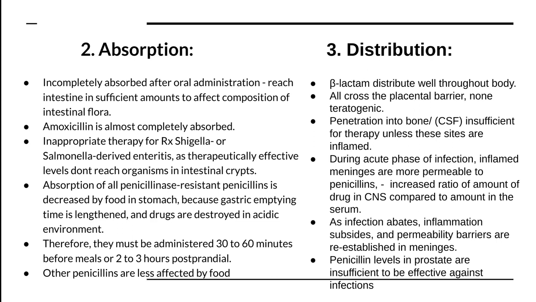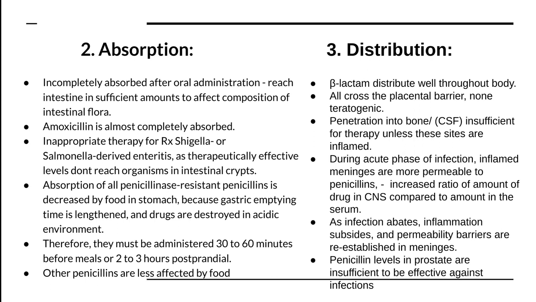So for any disease related to bones, or say meningitis, where you have to pass through the skull, in these cases don't use it. They are not very good. In case of acute infection, the inflamed meninges are more permeable to penicillin. If the meninges are inflamed, there is an increased ratio of the amount of drug in the central nervous system compared to the serum.